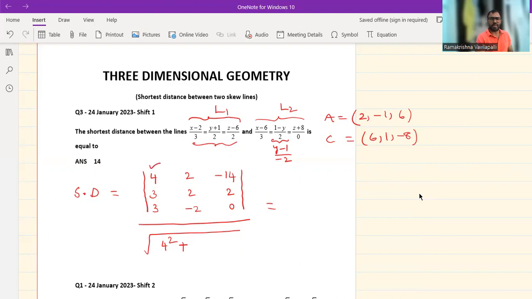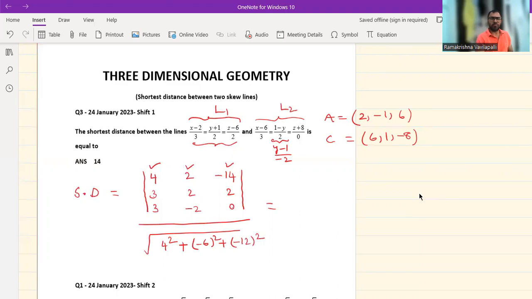First cofactor of 4, next cofactor of 2. This 3 into 0, 0 minus 6 whole square. Cofactor of minus 14. This is minus 6, minus 6, minus 12 whole square.